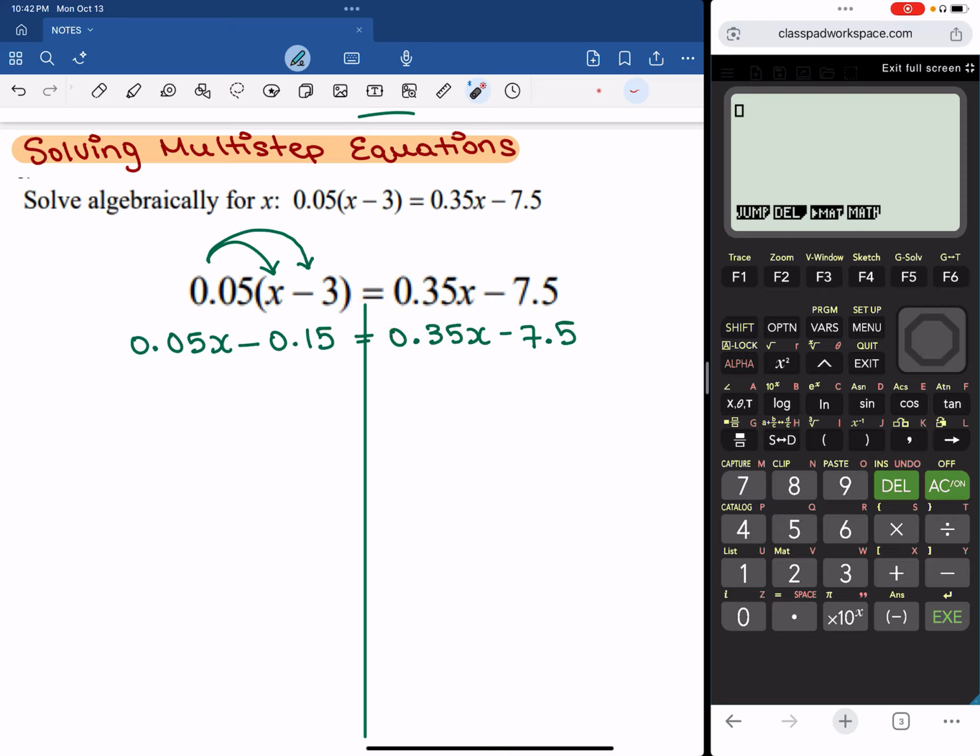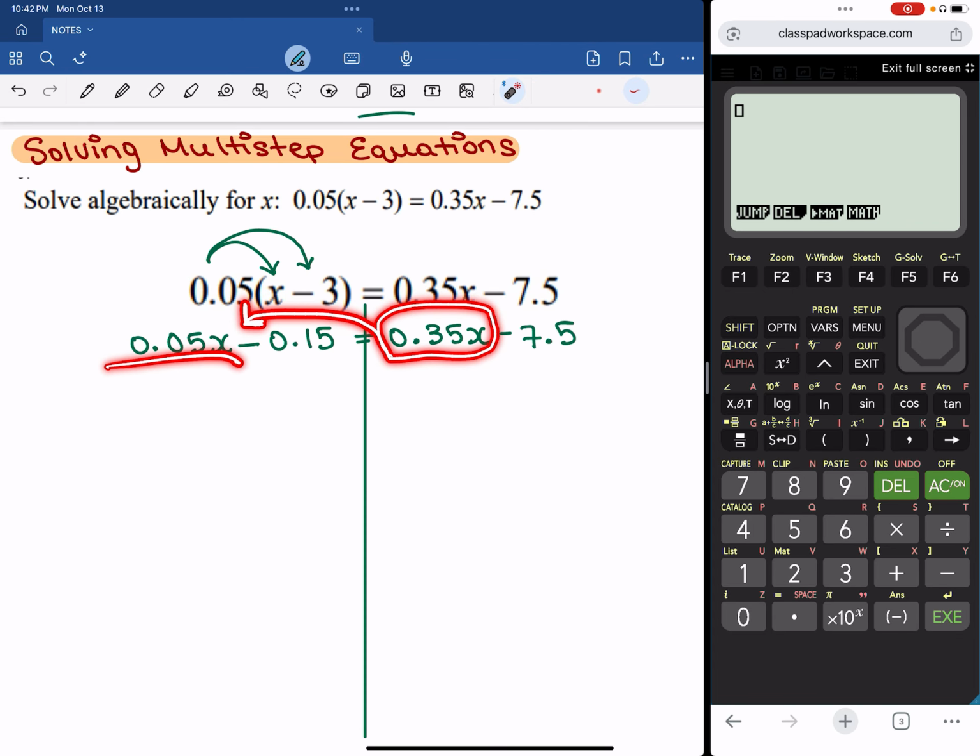And then I want to get all my terms that are just constants or numbers over to the right side of the equation. So my first step, I want to move this 0.35x over to the left side of the equation because I have another term with an x over here. So I want to get all the x's on one side.